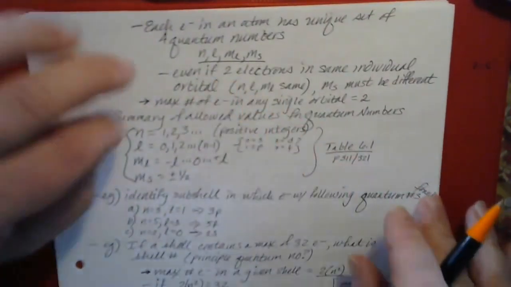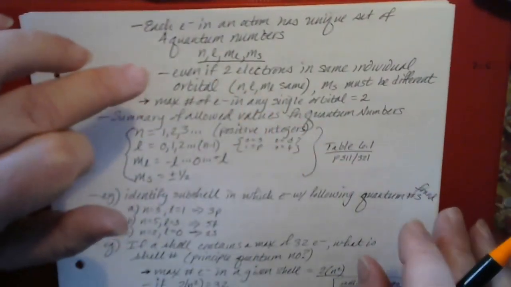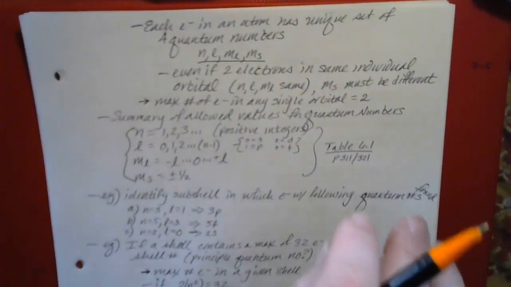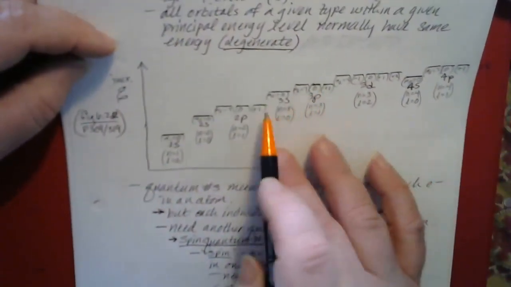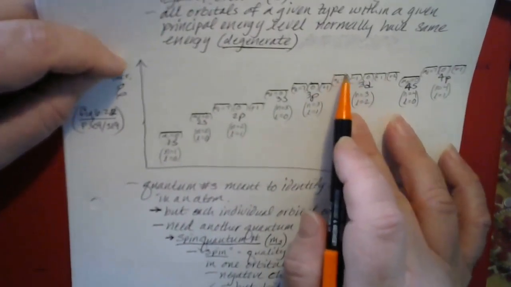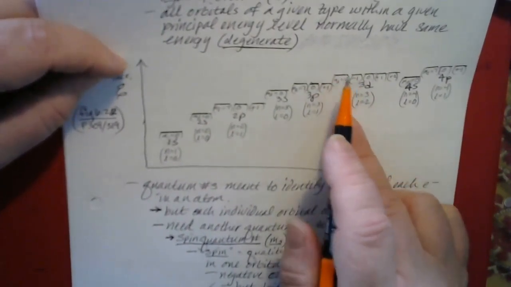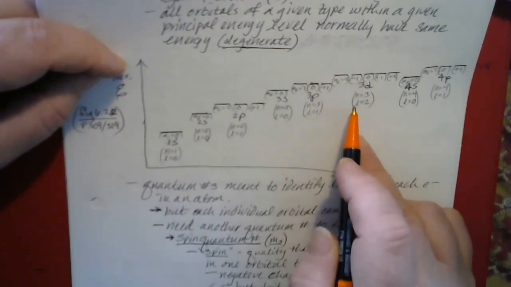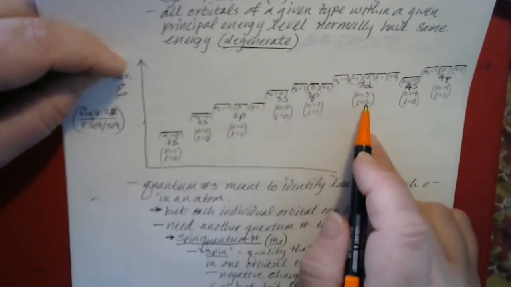All right, so if you look at the quantum numbers for electrons in the same atom, at least one of those quantum numbers has to be different. For instance, if you're looking at the 2 electrons in this particular d orbital, both of them will have n equals 3. Both of them will have l equals 2.